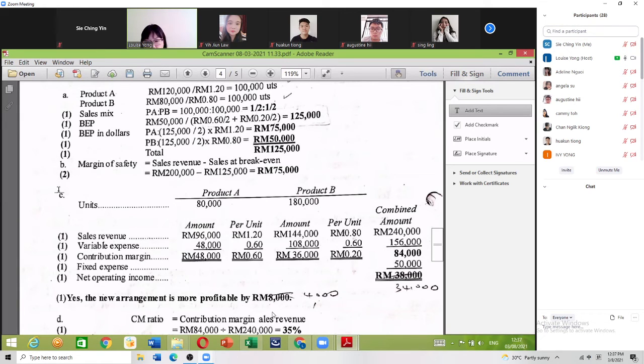So Part C here, your net profit will be 34千. This is the answer for Part C.